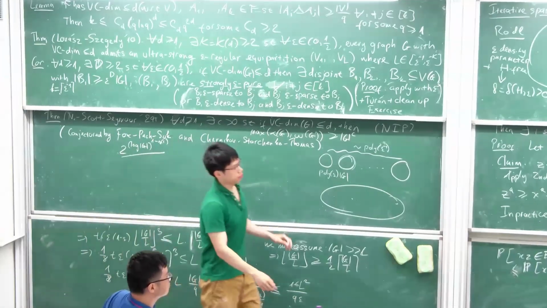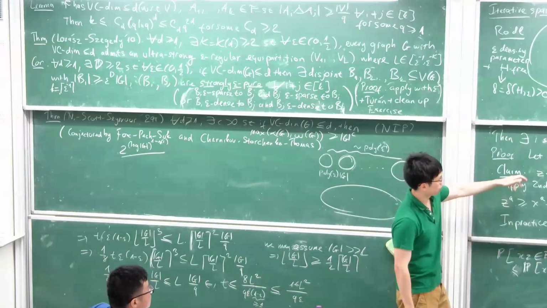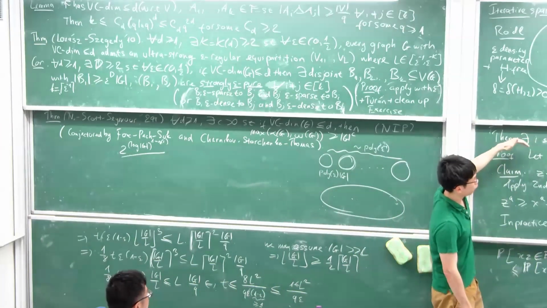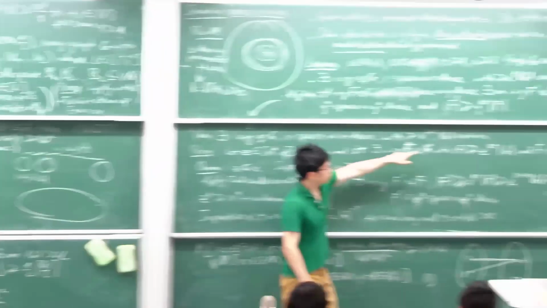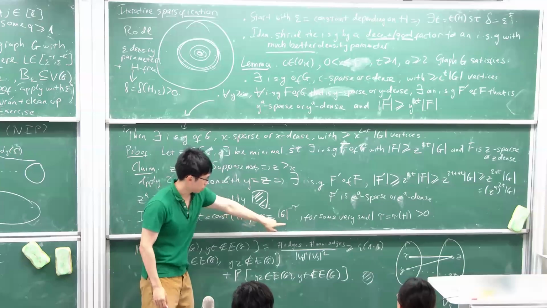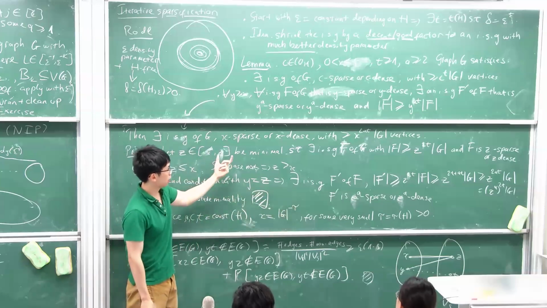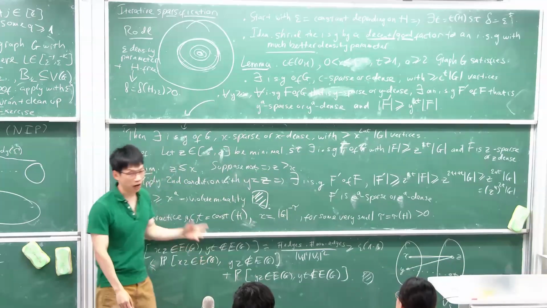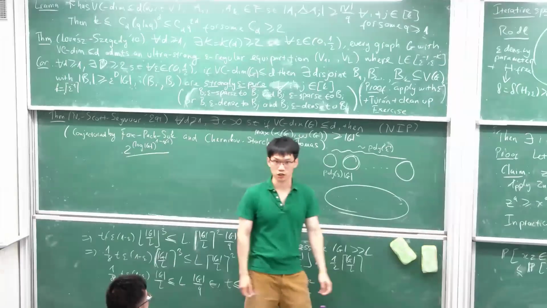Because the point here is, when we reach the end of the process, if we put X to be this function of G, then you can apply Turan's theorem to extract a clique or independent set of polynomial size.